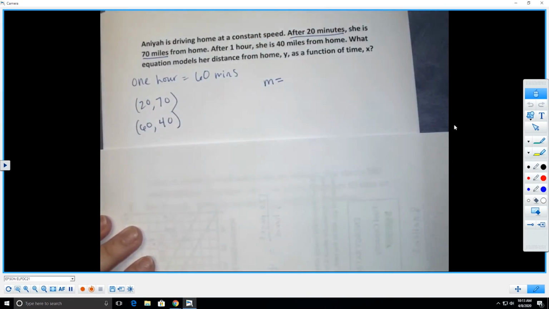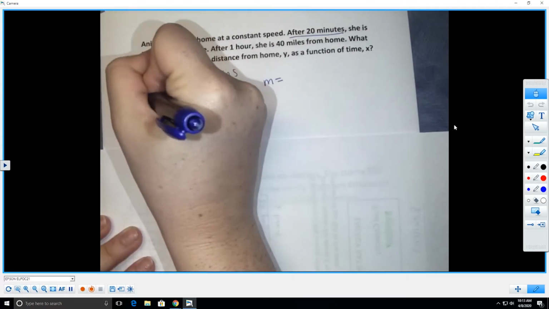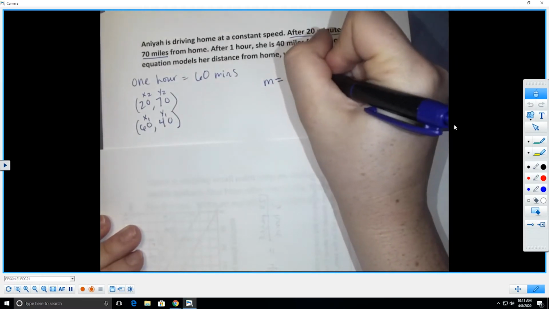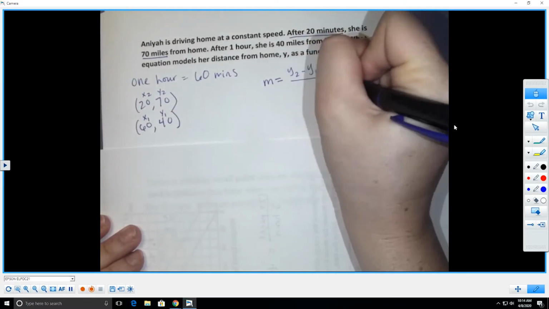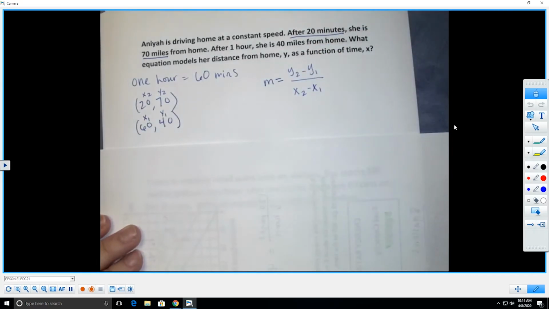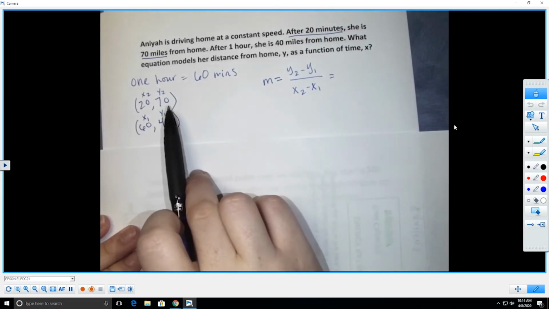I'm going to label my points as x1, y1, x2, y2. So remember, our formula is y2 minus y1 over x2 minus x1. So for y2, I'm going to plug in 70.